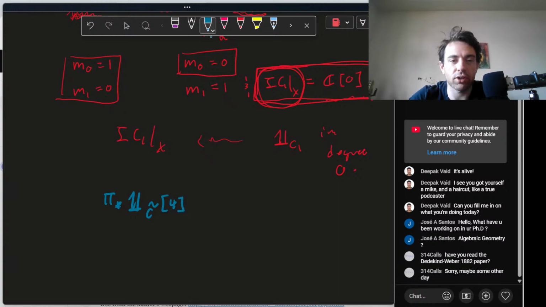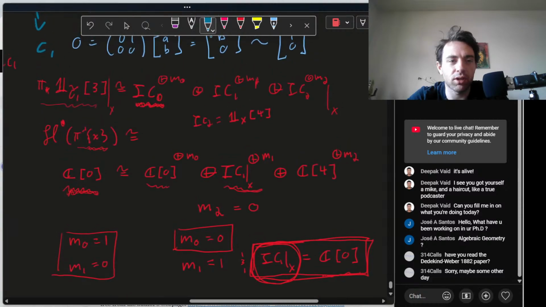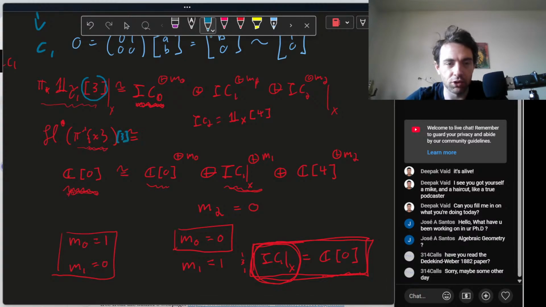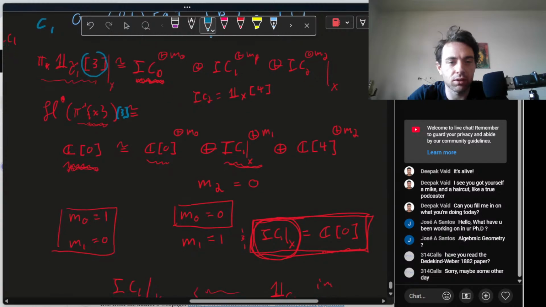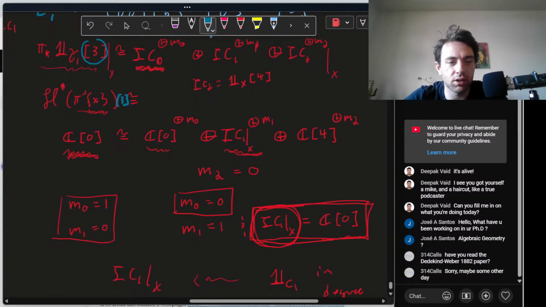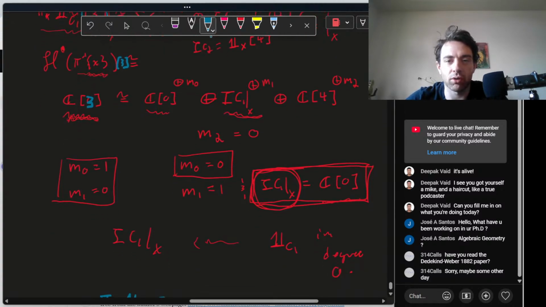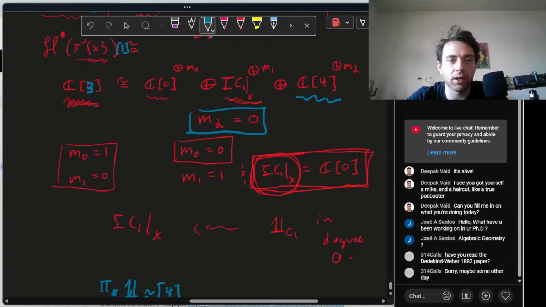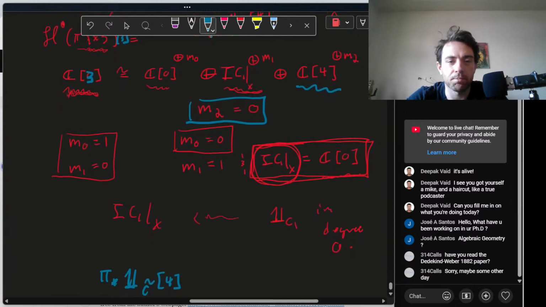Oh, wait a second. Did I make a mistake about the shift? Wait, this is in degree 3. Oh, sorry, crap. This was supposed to be in degree 3. What am I doing? So, okay, this part of the argument still works: M2 is equal to 0. And then we know, actually, we didn't even need to use the smallness.